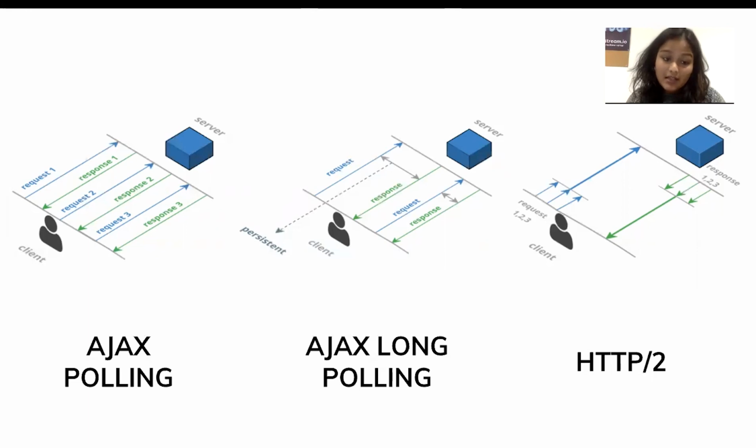This is somewhat a better scenario when you have long polling, in which case it still is a request and response cycle, but you have an option to persist the connection. What I mean by this is after you send a request to the server for some data or service, you are allowed to keep that connection open for a little longer and hope that by the time this time difference has elapsed, the server might have some new data that it would like to give you back.